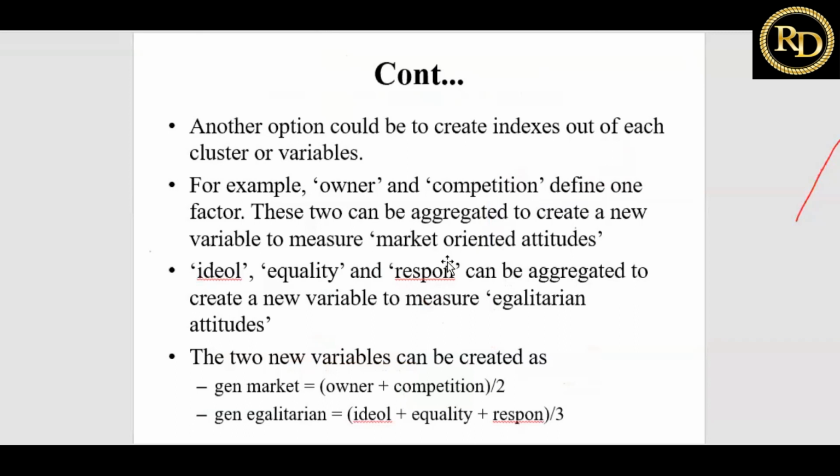Another option could be to create indexes out of each cluster of variables. For example, honor and competition define one factor. These two can be aggregated to create a new variable to measure market oriented attitudes. The ideals, equality, and the respawn can be aggregated into a new variable, that is the egalitarian attitude.